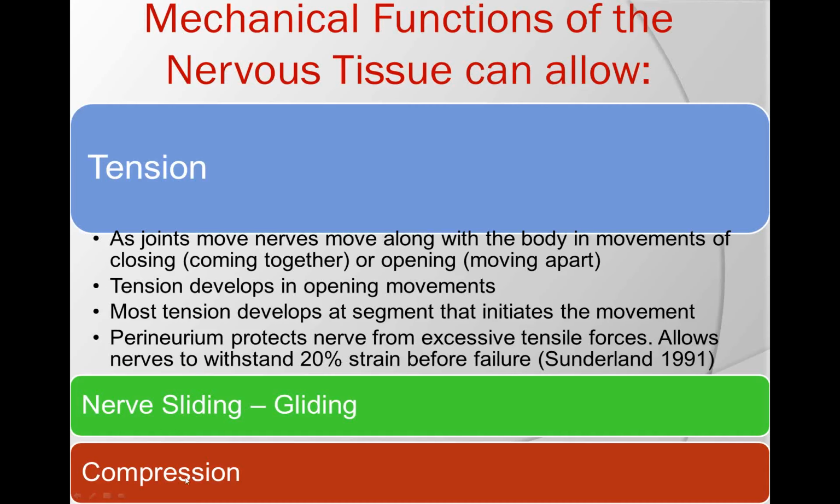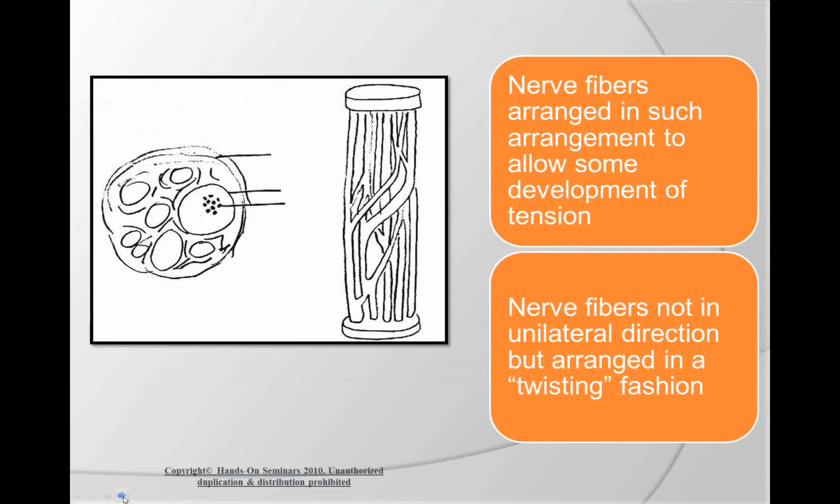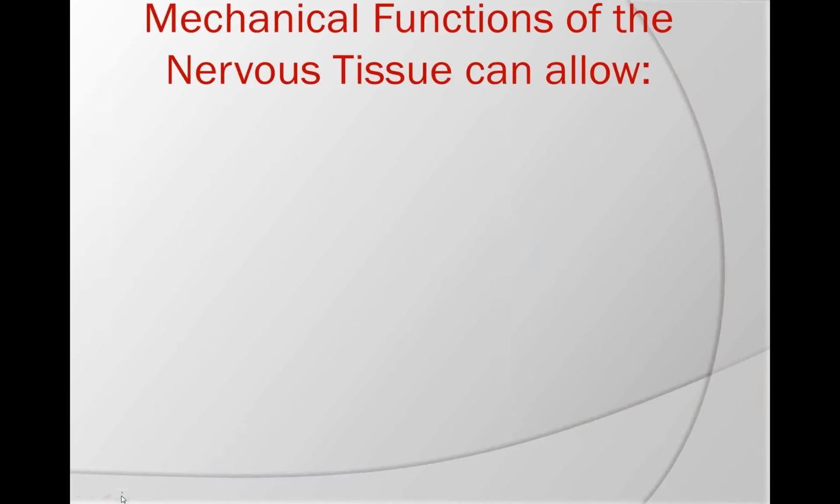So tension is something normal that happens in the neural tissue. The nervous system can accommodate tension because the nerve fibers are not arranged in a unidirectional capacity, but more in a twisting fashion, which helps to accommodate the change in length of the nerve.